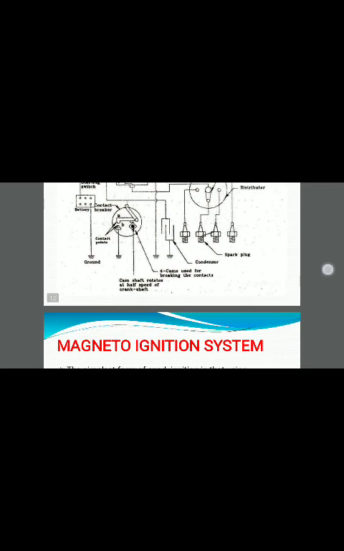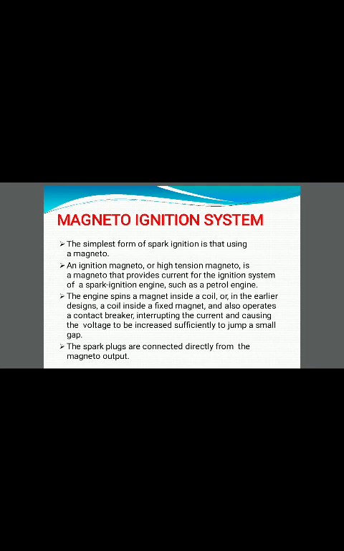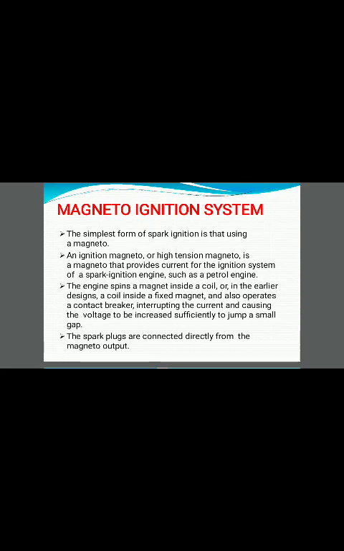Now we are going to discuss the magneto ignition system. The magneto ignition system is the simplest form of spark ignition, which uses a magneto. An ignition magneto or high tension magneto is a magneto that provides current for the ignition system of a spark ignition engine such as a petrol engine.